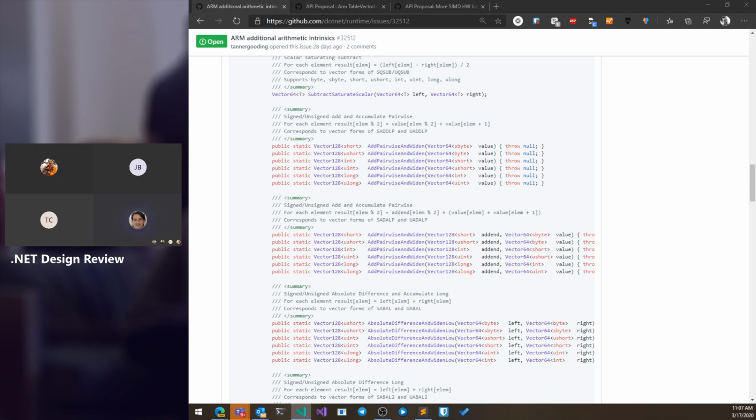Yeah, because they're operating on the lower half of a vector 128, not on the lower half of a vector 64. I see. And presumably that comment about the operation is wrong. Yes, there should be an absolute value symbol in there. And it should be subtract.